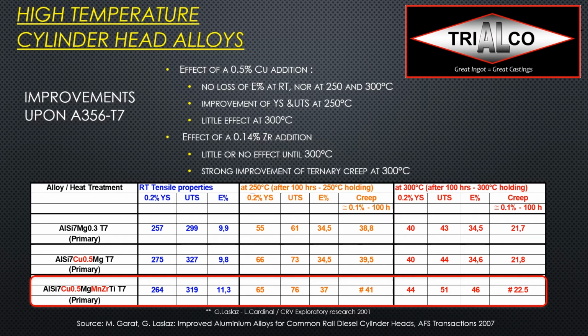And the 250 degrees Celsius properties are also quite similar to just the regular copper containing alloy, because usually at room and lower temperatures, these dispersoid hardening elements don't do that much, but they really kick in when it gets hotter. So at 300 degrees Celsius, we saw that even just a tiny little addition of 0.14 of zirconium and about the same amount of manganese gives me a 10% boost in terms of high temperature strength.